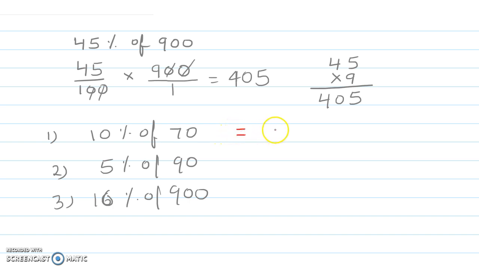So 10% of 70 will be 7. 5% of 90: 10% will be 9, and 5% will be half, that is 4.5. And the last one is 10% of 900, which will be 90.